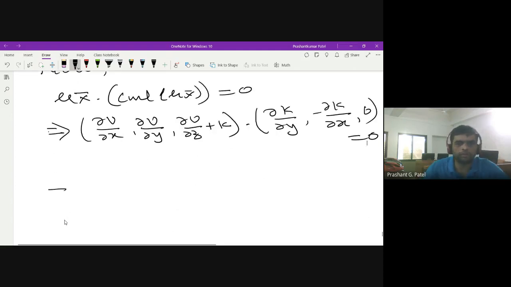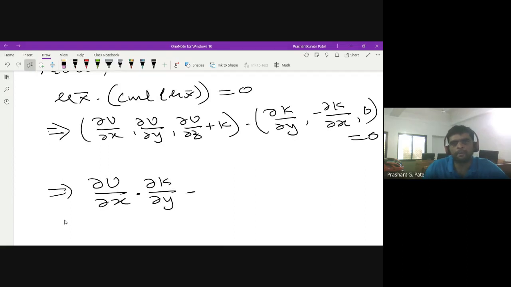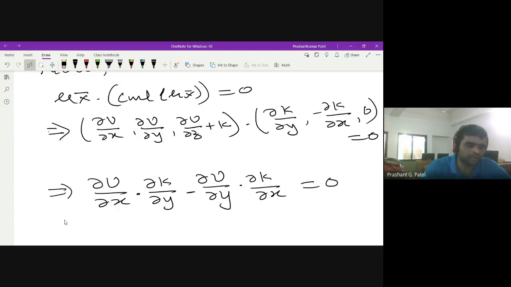So if you do the dot product of these two, it gives you del u by del x into del k by del z minus del u by del y into del k by del x, equal to 0, because 0 into this will be 0. What is this quantity?